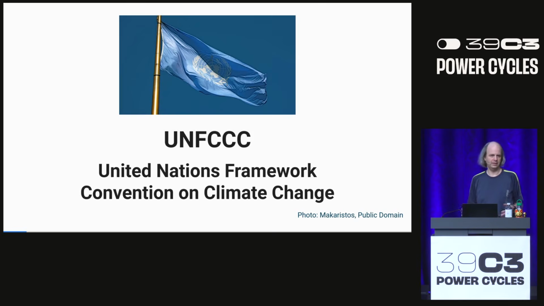They organize the COP conferences, the international climate conferences. The success of that is not so great, but that's not the topic today. But they also have a role in collecting data about climate change and about emissions from its member countries, which are all the countries in the world.